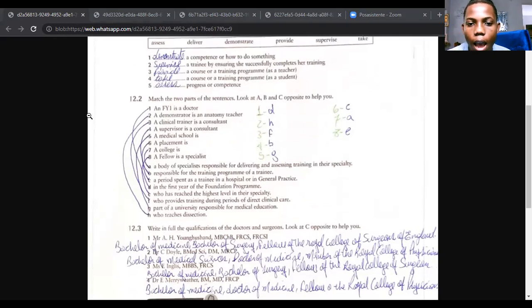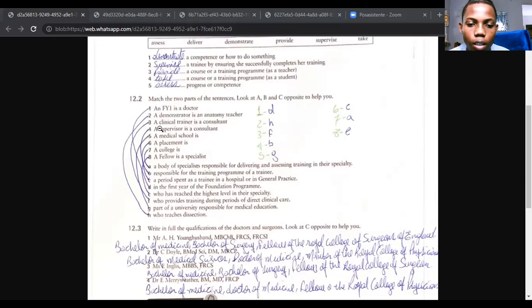And F1 is a doctor, D, in the first year of the foundation program. A demonstrator is an anatomy teacher, H, who teaches dissections.